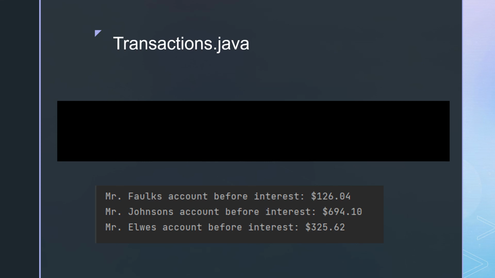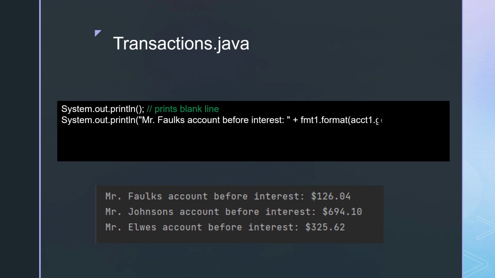Next, we will ask the program to print out the current balances of the accounts after the transactions were made. Let's type System.out.println, which prints a blank line. Then System.out.println Mr. Falk's account before interest plus FMT1.format(ACCT1.getBalance).